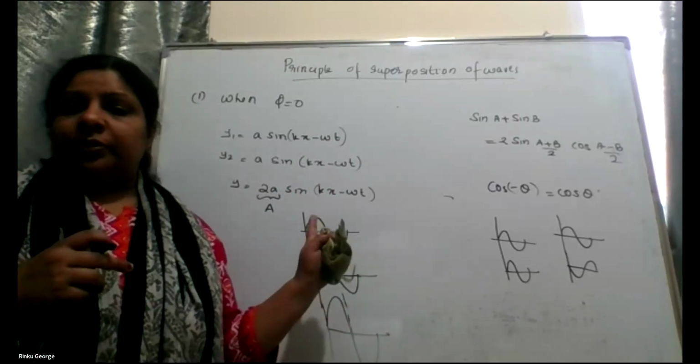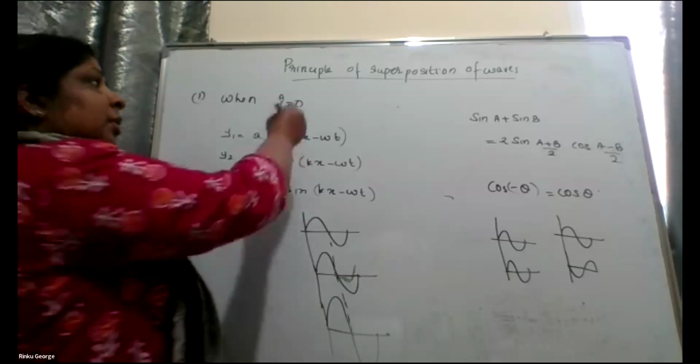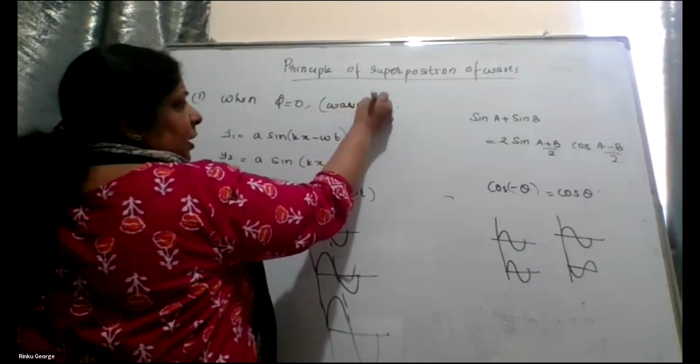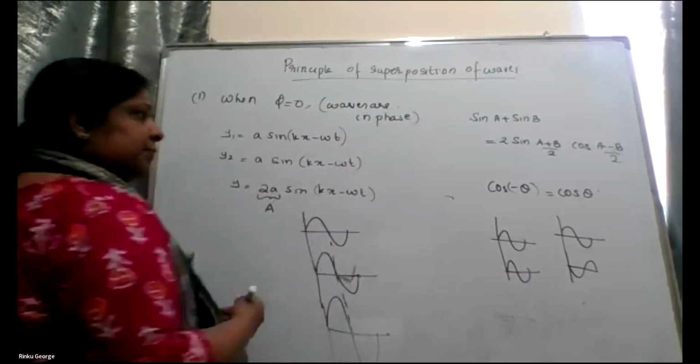Clear? So, when phi is equal to 0, you write this: when phi is equal to 0, in brackets, waves are in phase. There is no phase difference. Both waves are in phase.